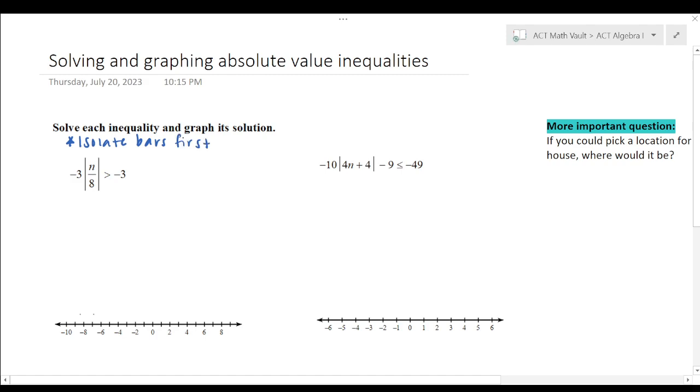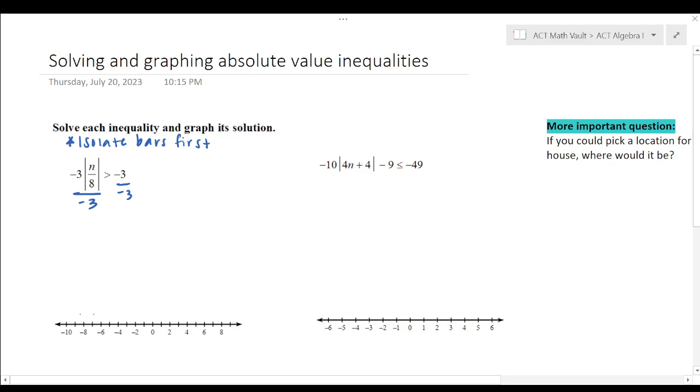And also, we want to talk about flipping the sign. So if I'm going to divide by -3 here, with inequalities, that's a bit of a red flag.